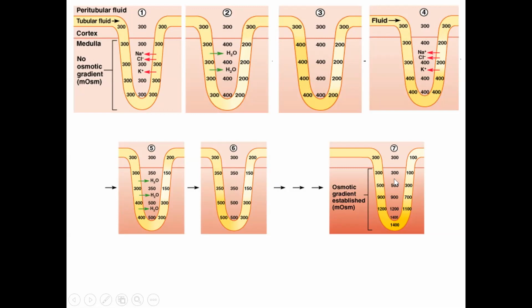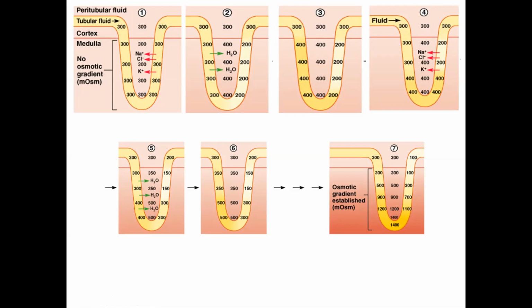So water and ions are reabsorbed back. Also, the starting filtrate is 300, and when this filtrate leaves the loop of Henle, it's only 100. It's much diluted because most of the ions are reabsorbed back, and also water.